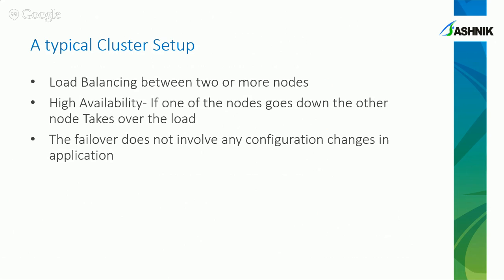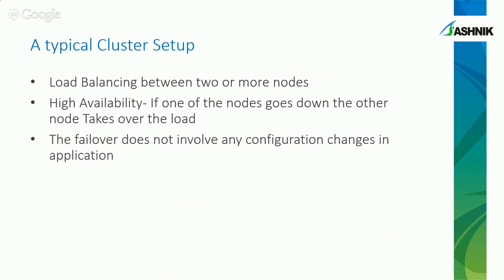A typical cluster setup that you would want to set up should have at least these features. In general, it should be highly available. That is why you do clustering, so that if one of the nodes goes down, the other node should be able to take over the load completely.